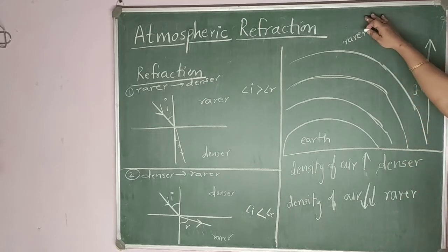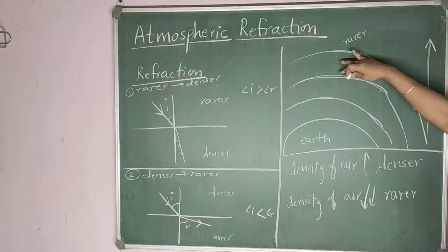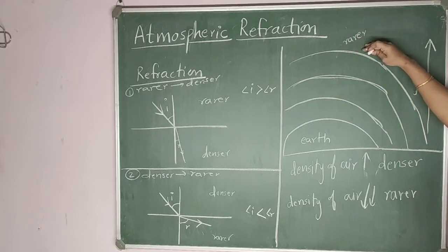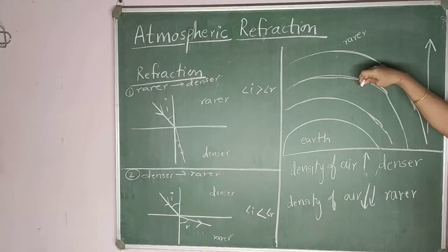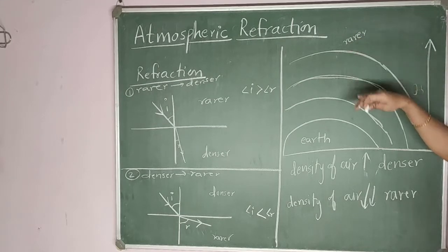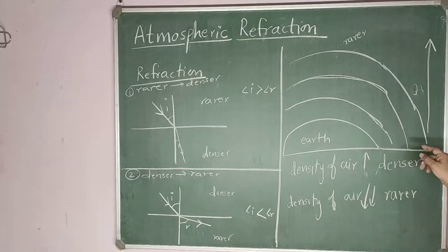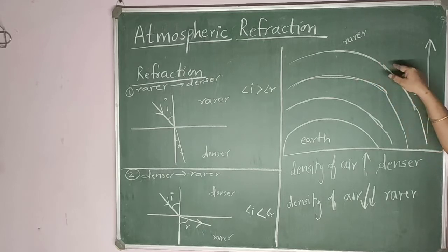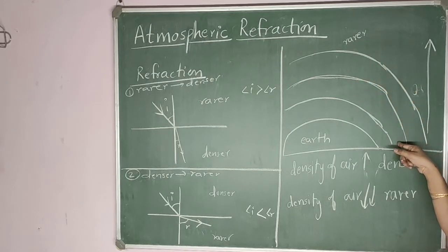When the sunlight passes through different layers of the atmosphere, it continuously goes from rarer to denser. And as you know, when the light goes from rarer to denser, it bends. So, the bending of light when it goes through different layers of the atmosphere is known as atmospheric refraction.